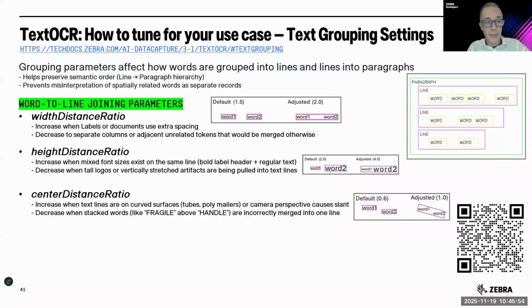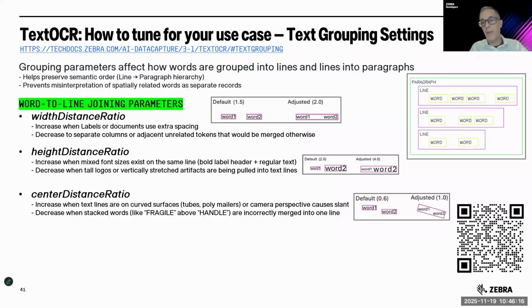The second parameter is about the height distance ratio, and it's about combining words with different fonts. So you can see in the sketch here, the word number one has a small font, the word number two is bigger, and they would be kept separate by default.